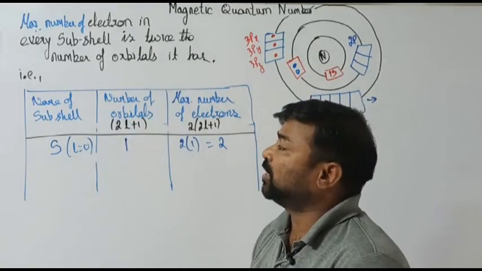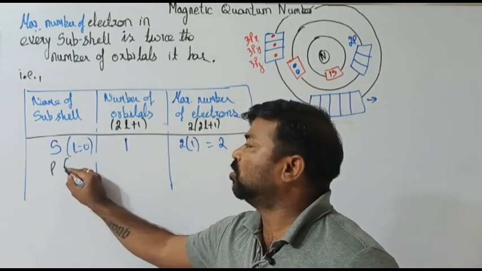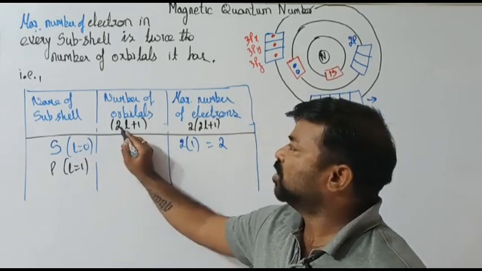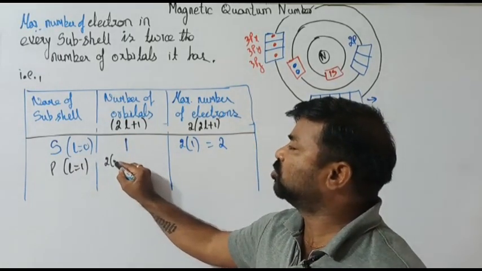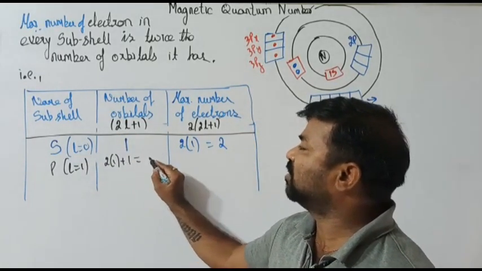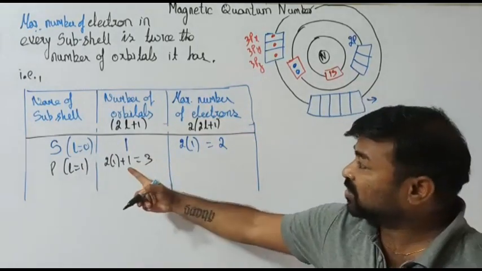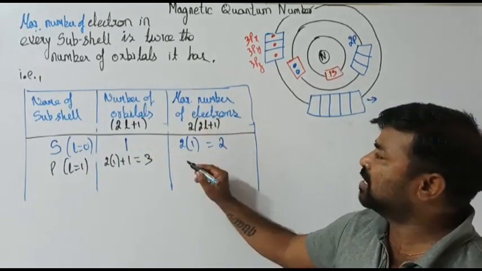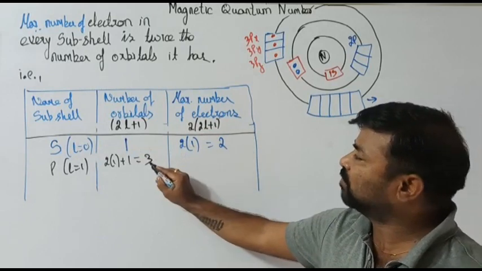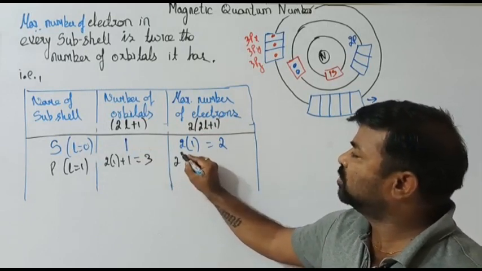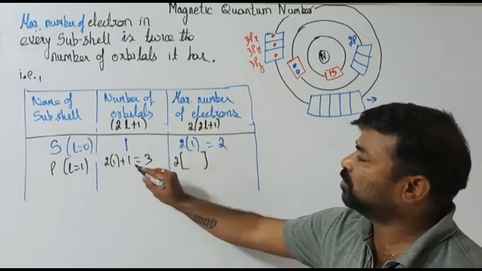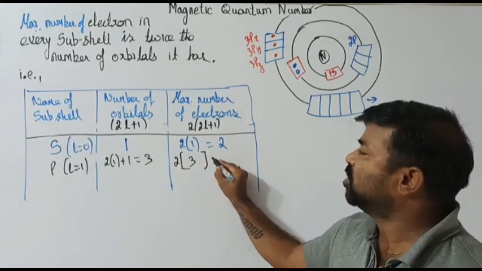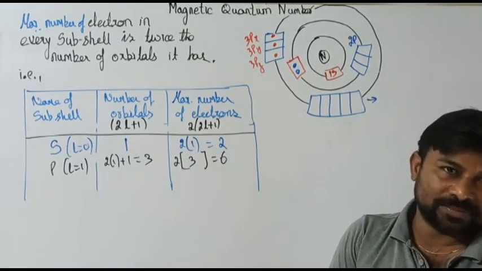Now let's get back to the p orbital. We know l is equal to 1. If you plug that in, 2 into 1 plus 1 is nothing but 3. Now 2 into 2l plus 1, we got 3 orbitals, so totally how many electrons can be accommodated?